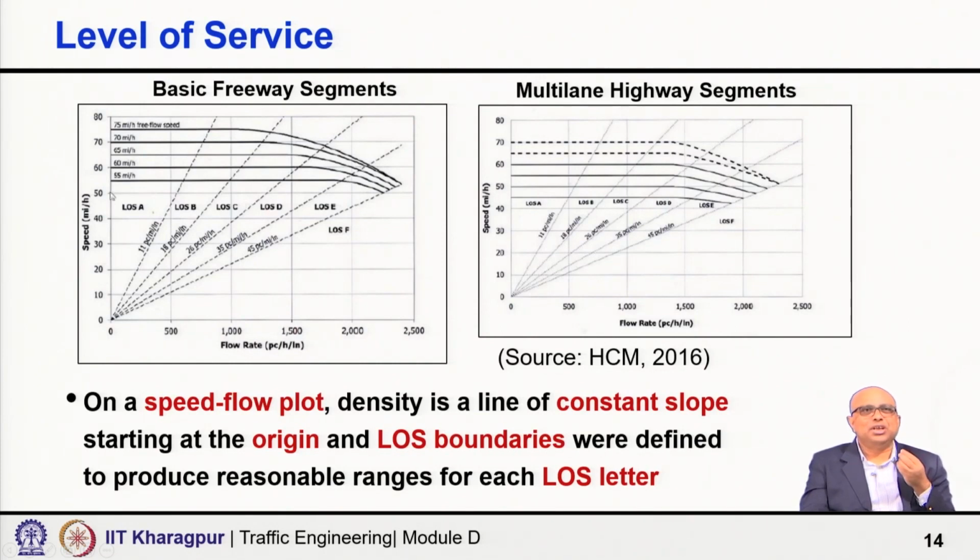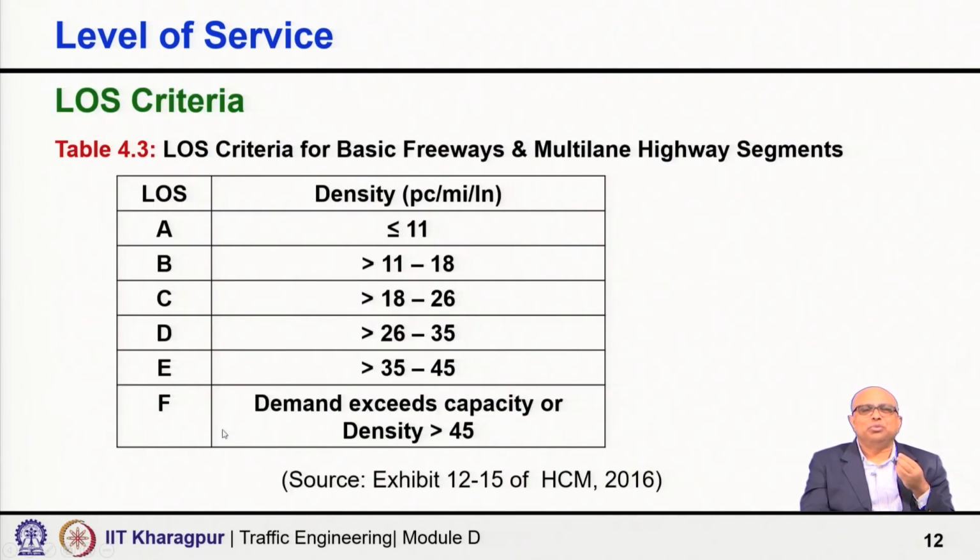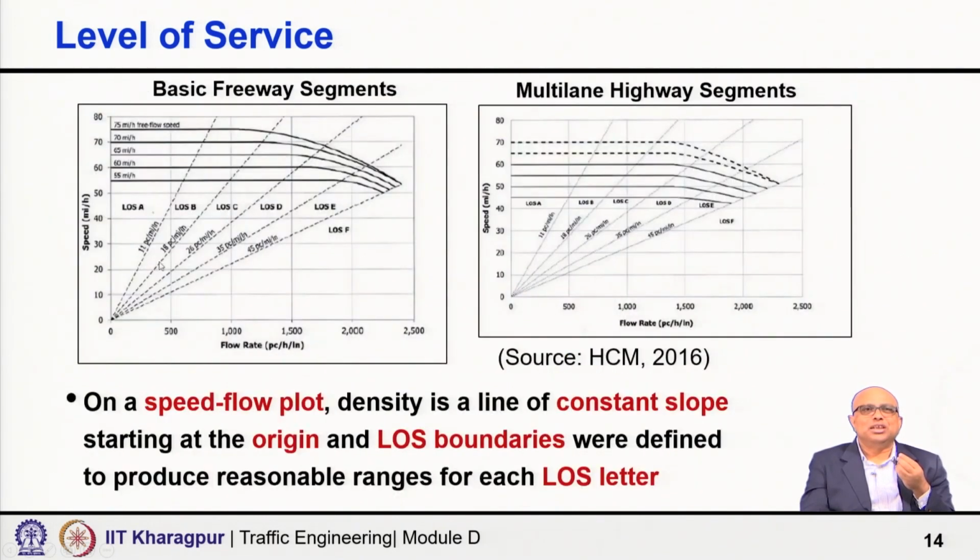Here I have shown how the speed flow relationship looks for basic freeway segments and multi-lane highway segments, and this is the line of 45 passenger cars per mile per lane in both cases. Then based on these threshold values, the demarcations are done. This range is LOS A, LOS B, C, D, and this is the threshold for D, and beyond this density it is F.